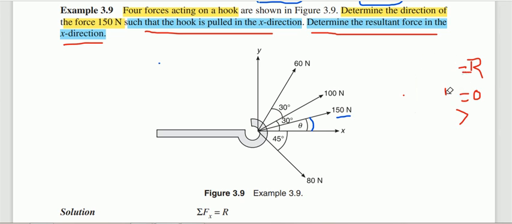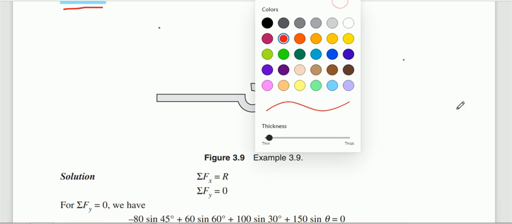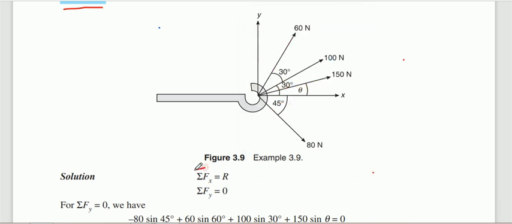Okay. Now just observe the problem. How many forces are there? 4 forces are there, right? 60, 100, 150 and 80. As I told you, because the resultant is along x direction, summation of Fx is equal to R and summation of Fy is equal to 0.